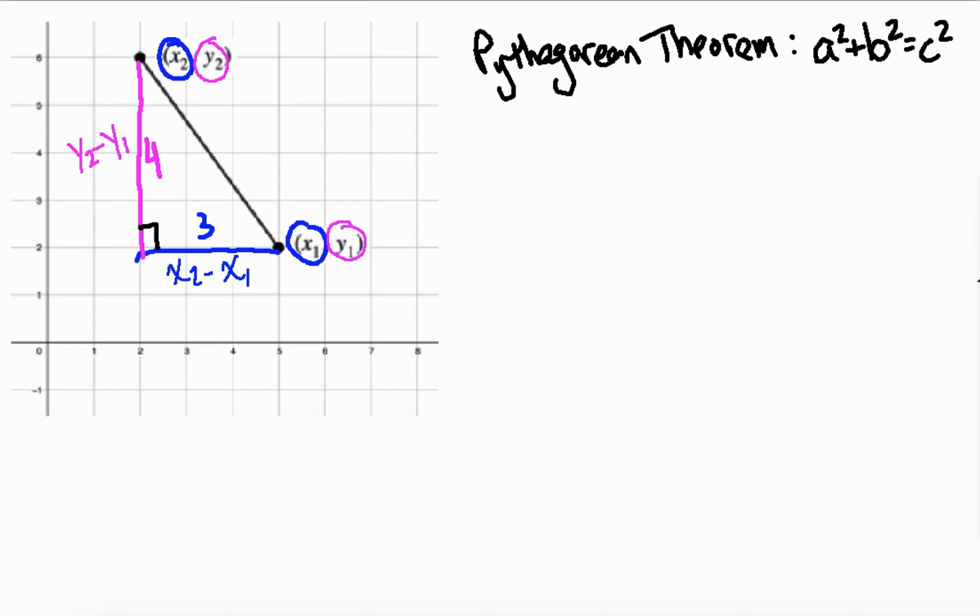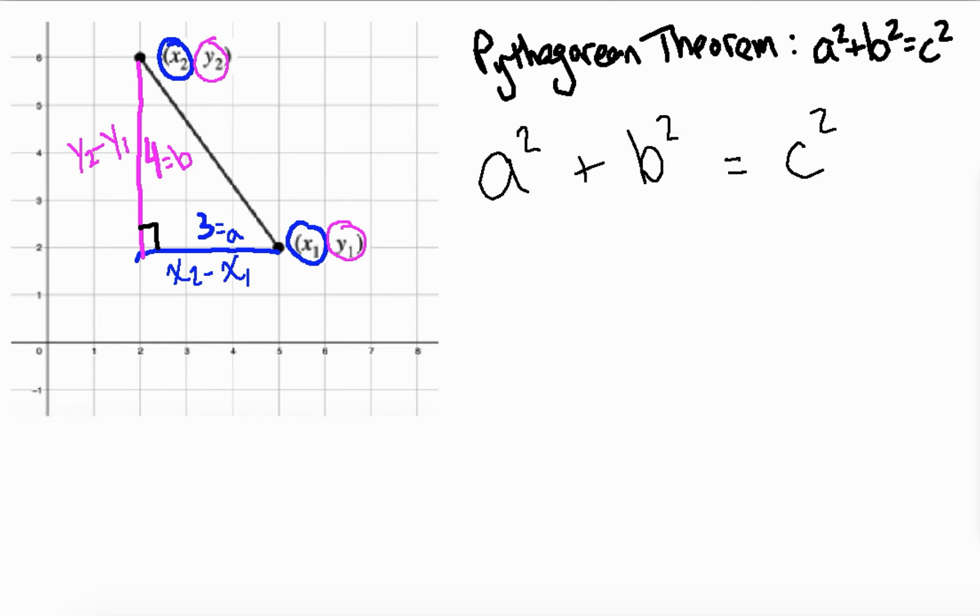Okay, so in the distance formula equation, I'm only going to use the x1, y1, and x2, y2 coordinates. If I'm basing it off of a squared plus b squared equals c squared, maybe I'll rename this one a, and I'll rename this one b.